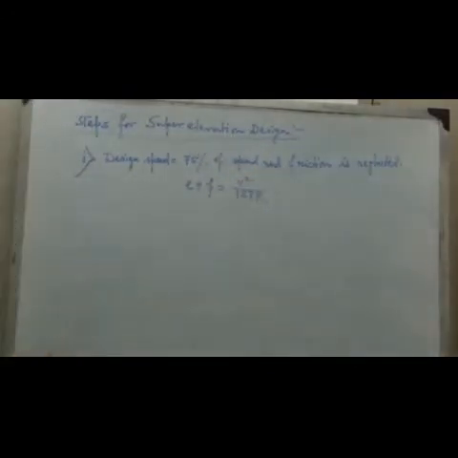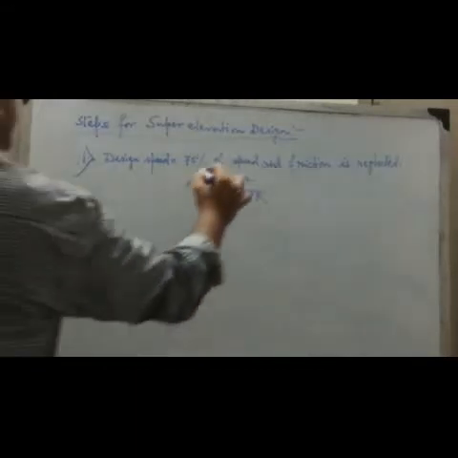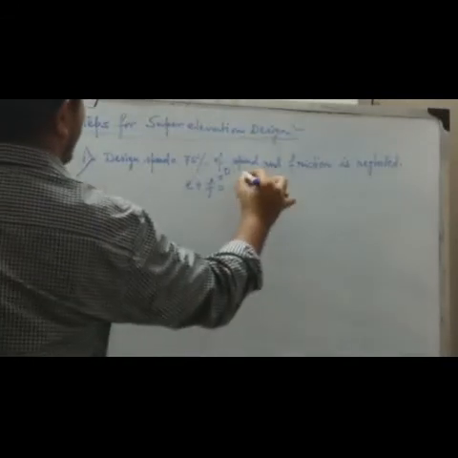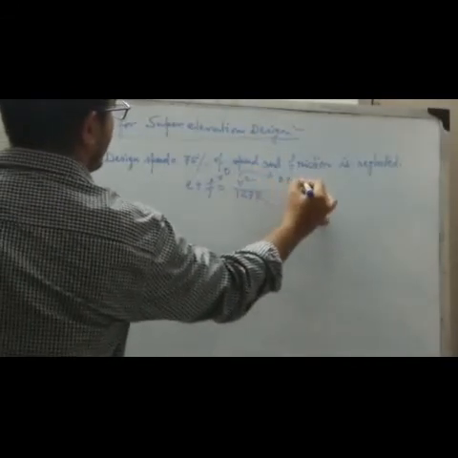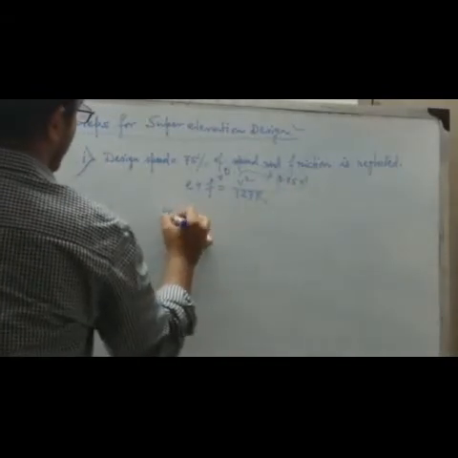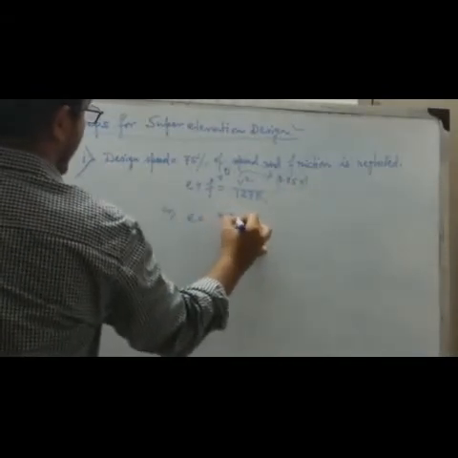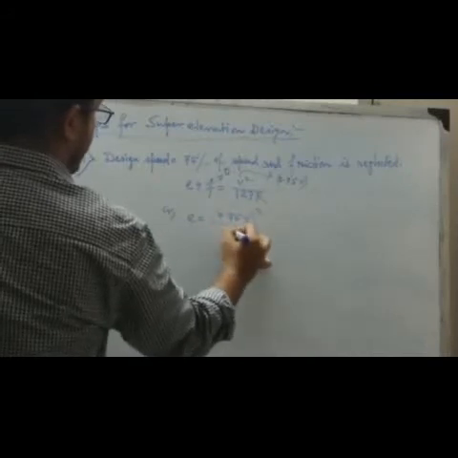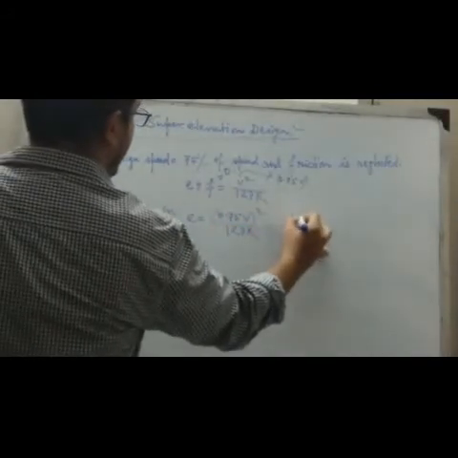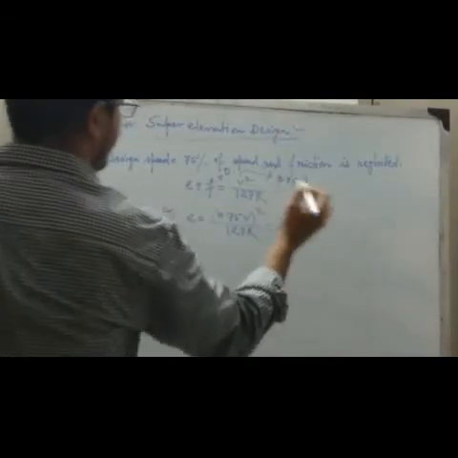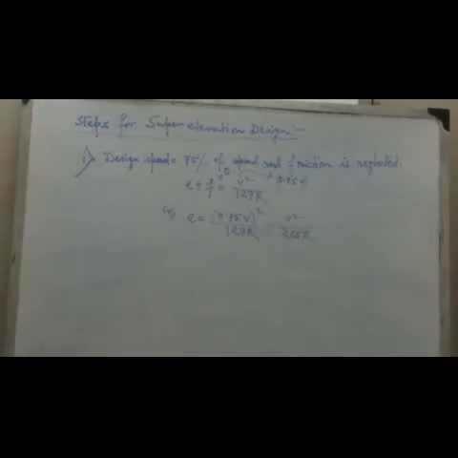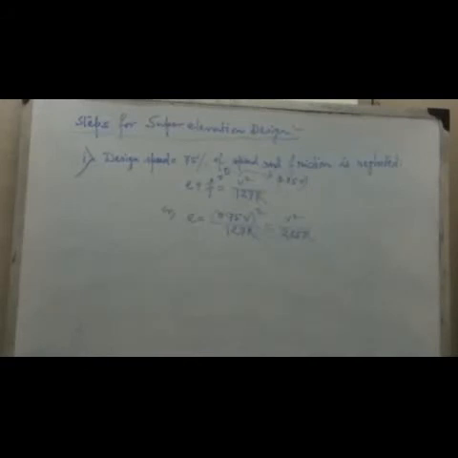Equation was e plus f equals V square by 127 R. Now this f portion is 0 and V means 0.75 into V. So if we put this, then we will get this value as V square by 225 R. Okay, so this value is V square by 225 R.